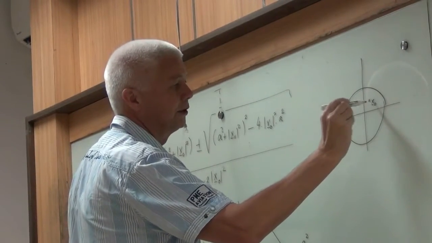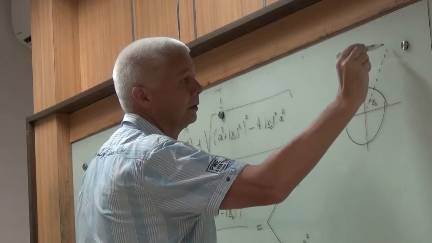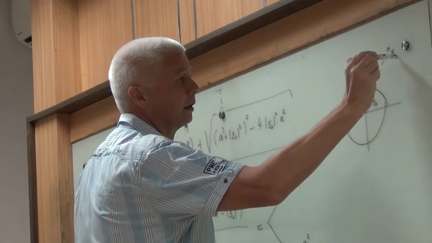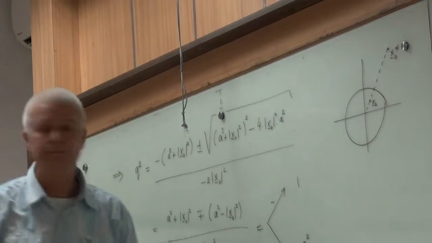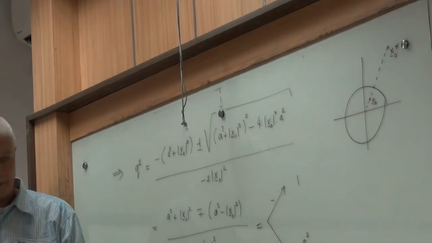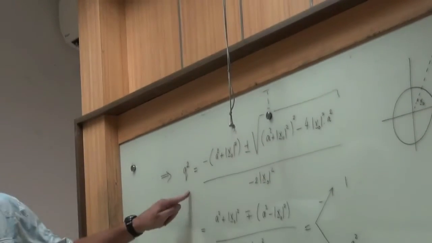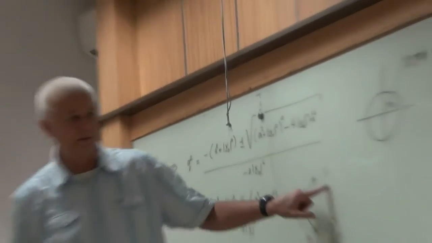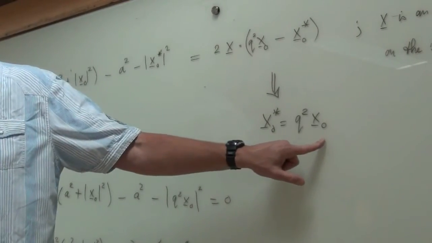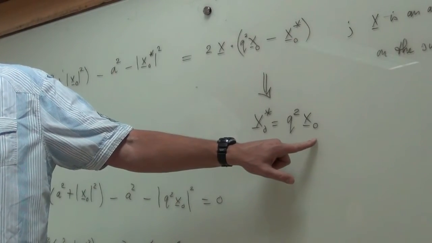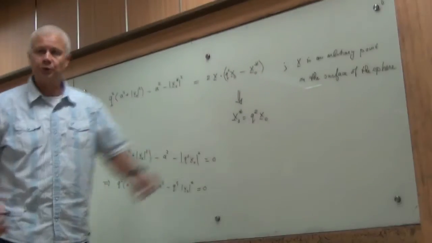So take the picture again. x0, x0 star. What does it mean if q squared is equal to 1? Then x0 star is x0.